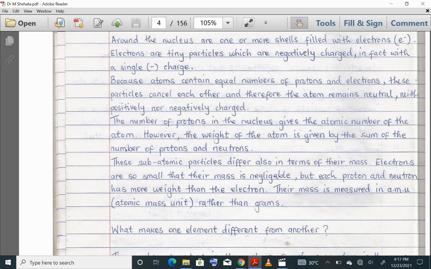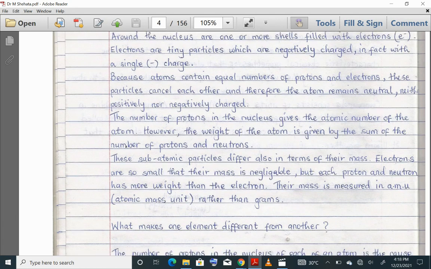So by convention, to find the mass number, you calculate it by adding the protons and the neutrons. So the mass number is protons plus neutrons, not including the electrons. Reason being, electrons have a very, very low mass, and so they wouldn't really affect it much.